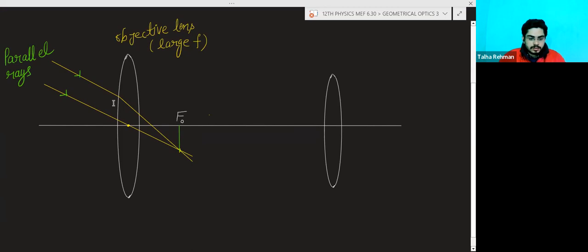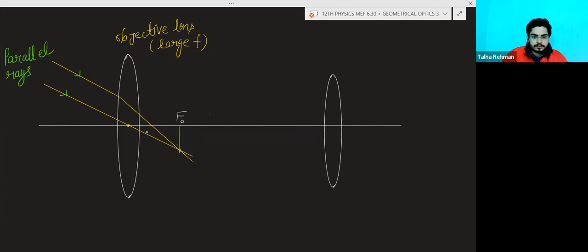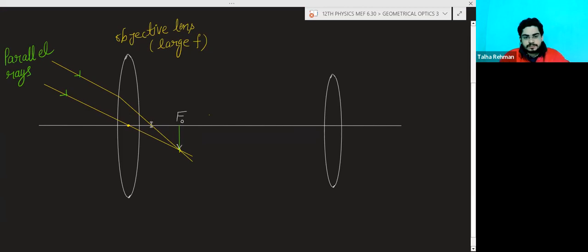Okay. This point will be the focus of the objective lens, because these rays are parallel rays and passing through the objective lens. So here the image is forming. Now we can take eyepiece lens here.